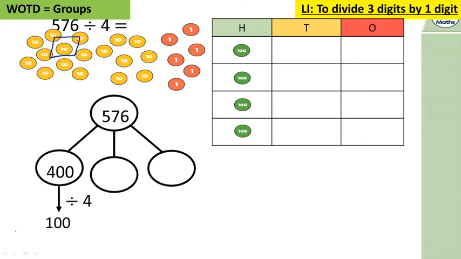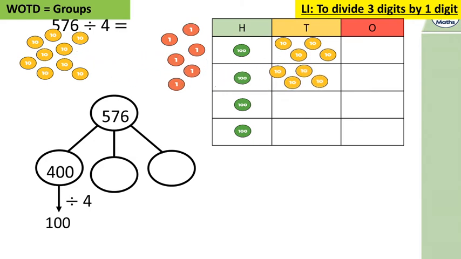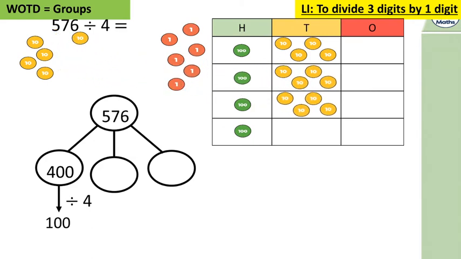Exchange that. So let's just put these into groups of 4. So if we exchange, or if we use our counters and move them across and count them, we'll find that we get 4 10s in each group, because there's 4 groups of 4 with 1 left over.